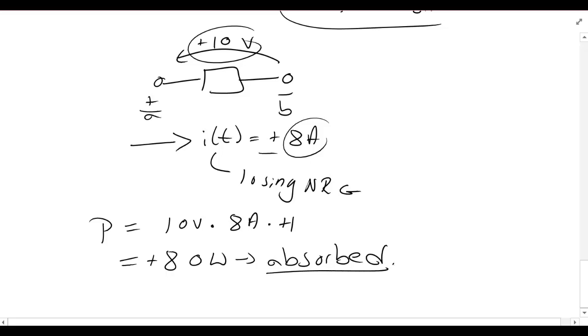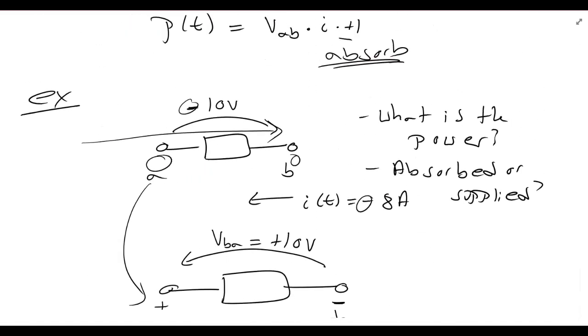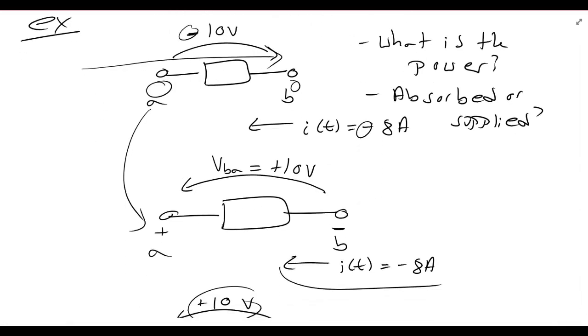So, to recap, what we did in this entire example, going right back up to the top, is we had to handle these negative signs. We had to ask ourselves the question, which terminal is the positive current entering? Does positive current flow into the higher energy terminal or the lower energy terminal? In order to answer that, I had to make sure that my signs and my directions were consistent.